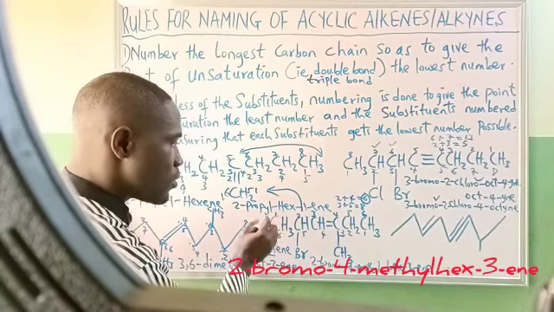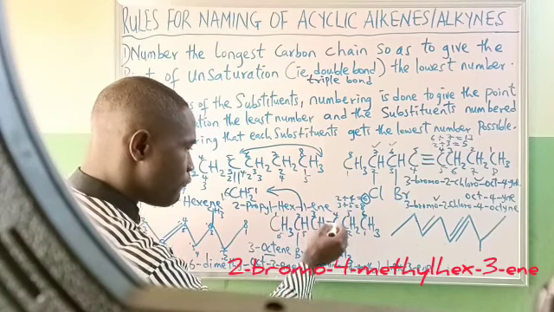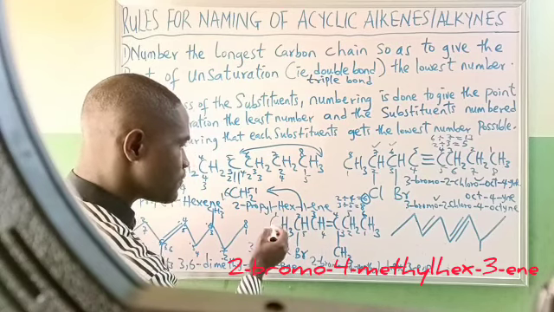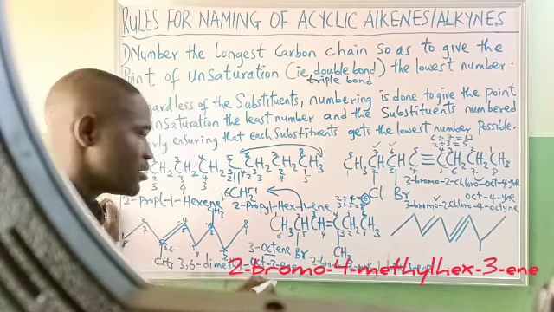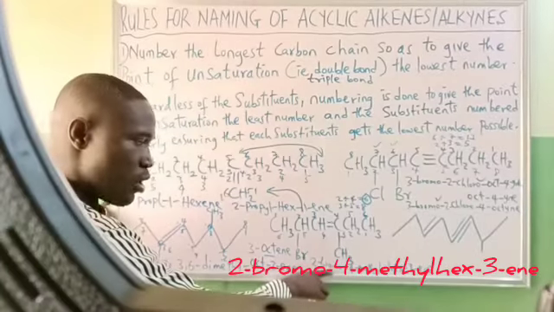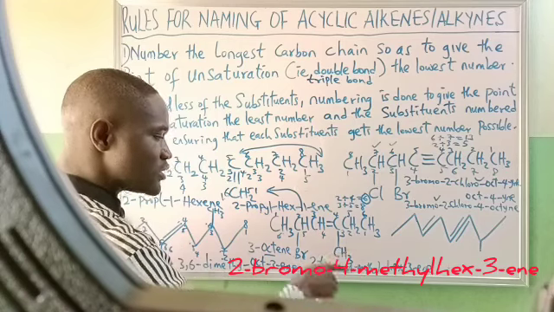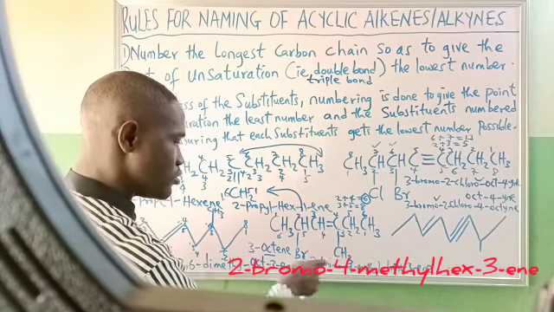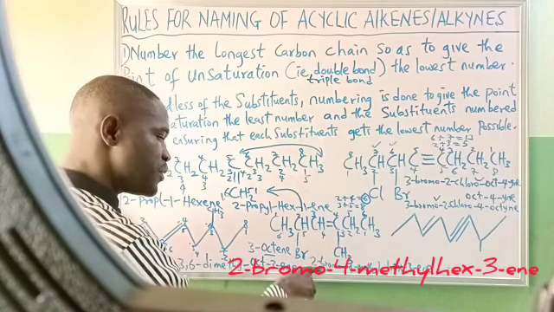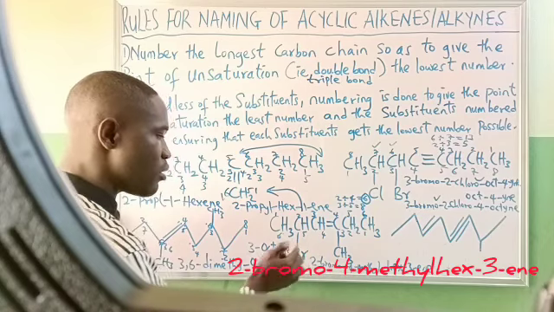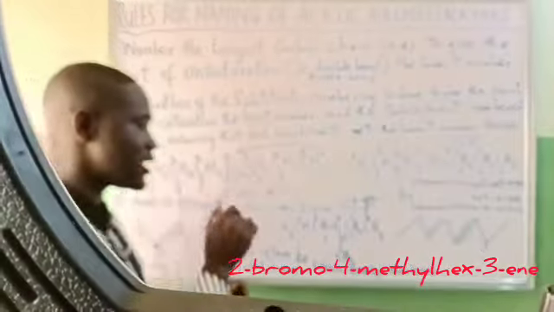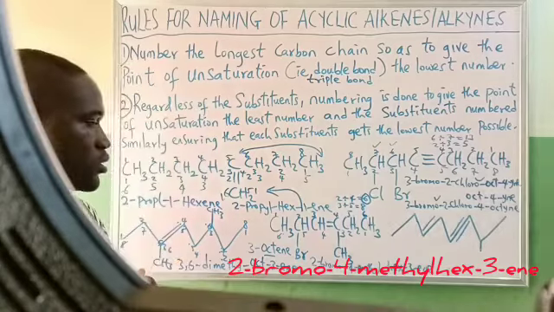Why I started with bromo is because B comes first before M. If not, I would have said 4-methyl, 2-bromo. But because B comes before M, I said 2-bromo, 4-methyl, hex-3-ene. So that is how to name this.